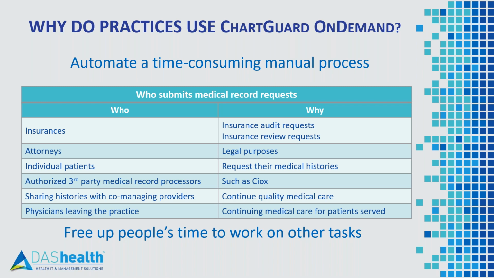So why do practices and health centers use ChartGuard OnDemand, a software to automate this process? They use it because it can be a very time-consuming manual process. You receive requests from insurances and from attorneys and from individual patients and even from your own internal staff. And when you receive these requests, people have told us that some of their processes can be as cumbersome as having to print reports.